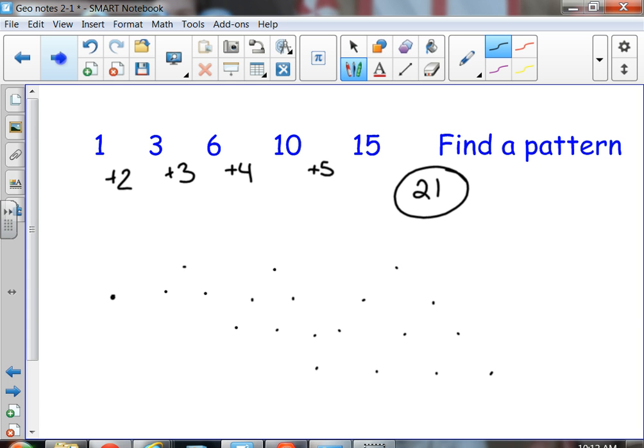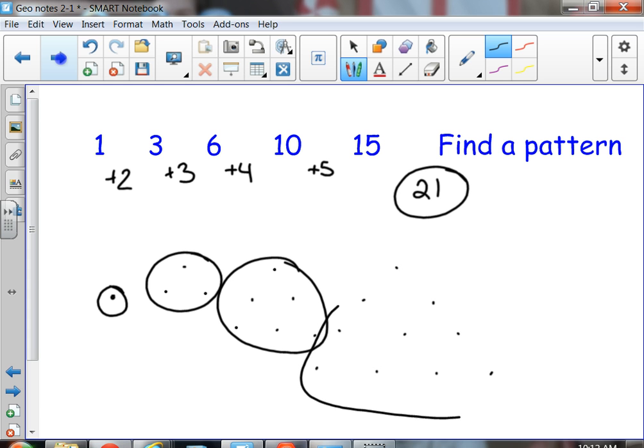So, what's going on here? Give me a sentence. How do we get from here to here to here to the big one? How do we get to all of those? We go from 1 to 3 to 6.